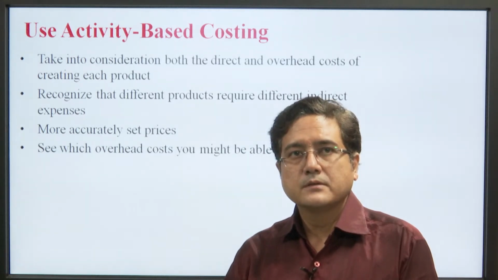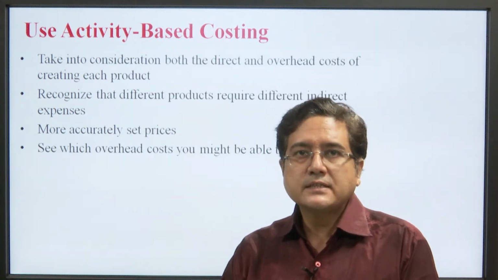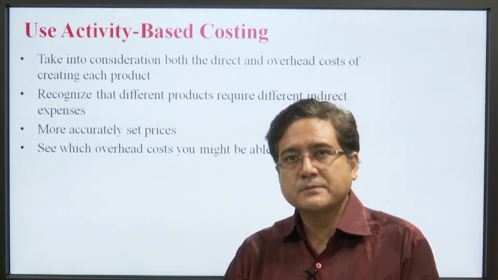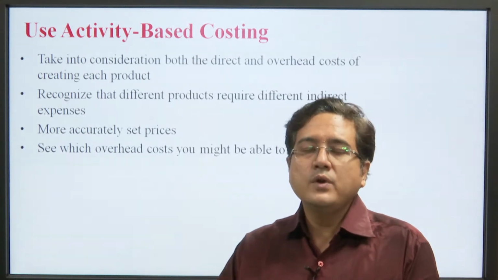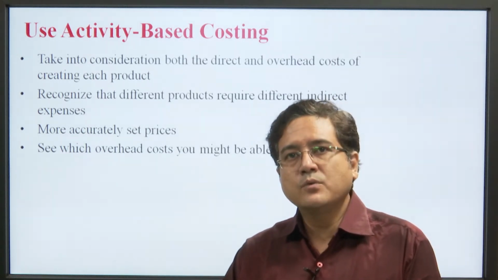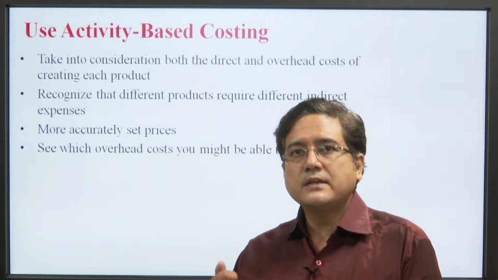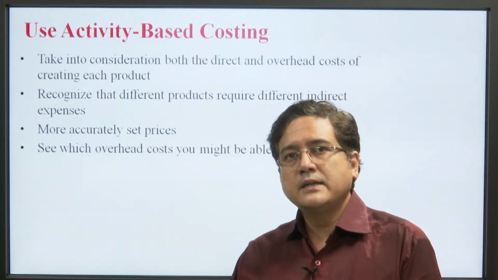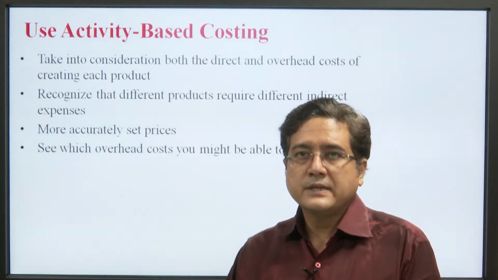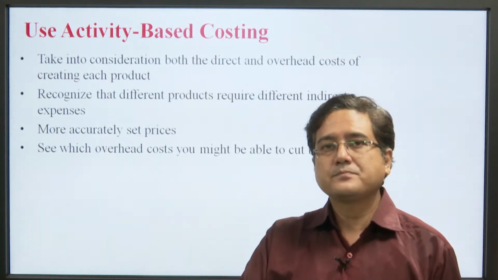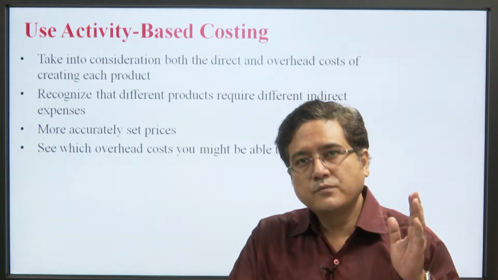The second point is that it recognizes that different products require different indirect expenses. Every product has its own characteristics and its own nature, and according to that their indirect expenses vary.